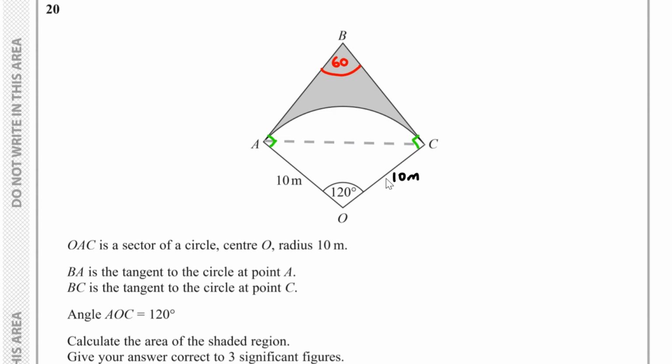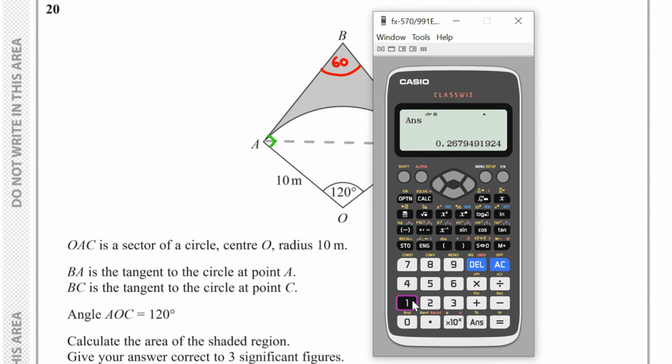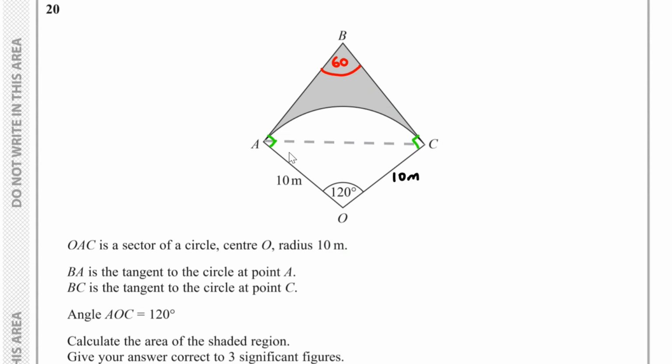That means here we've got an isosceles triangle AOC, so this angle here is 180 take away 120, divided by 2, which is 30 degrees. So we've got 30 degrees here and 30 degrees here.